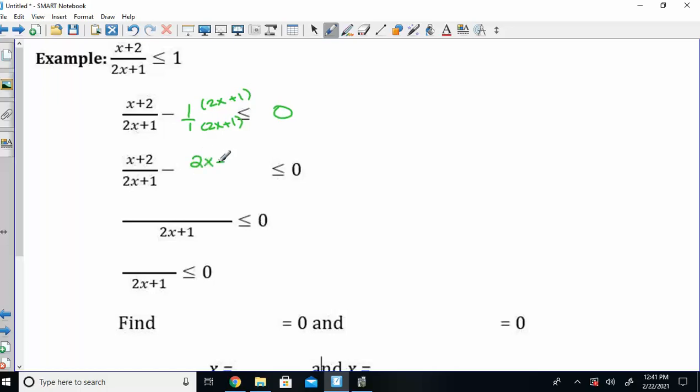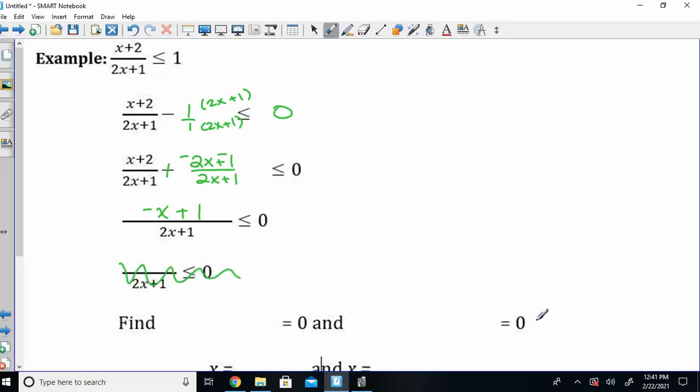So that gives me 2x plus 1 over 2x plus 1. What should I do with my minus? Run it through. x and negative 2x gives me a negative x. Positive 2 and negative 1 gives me a positive 1. Okay, I kind of combined those steps.